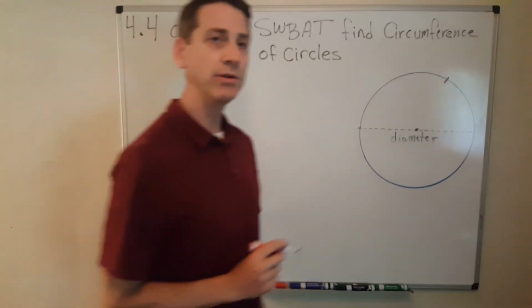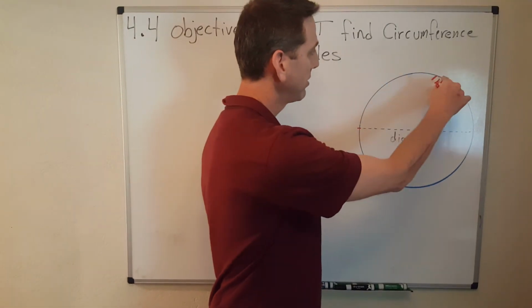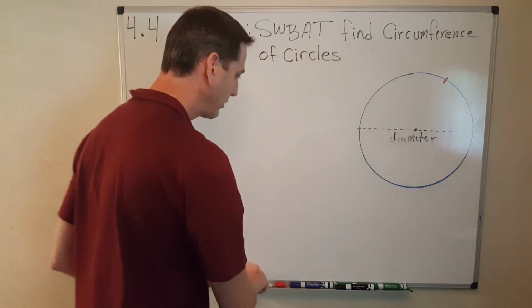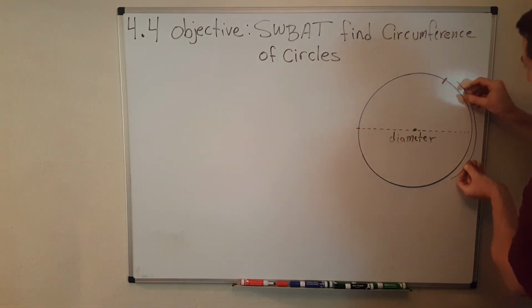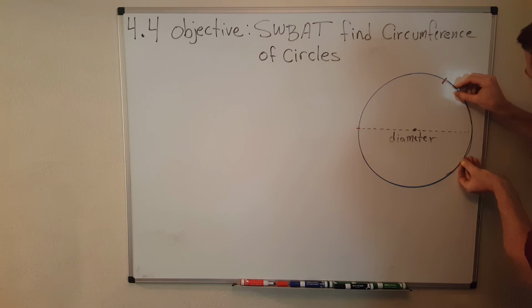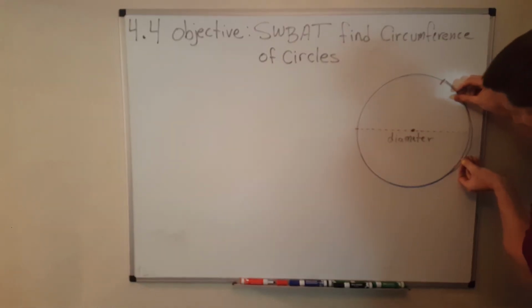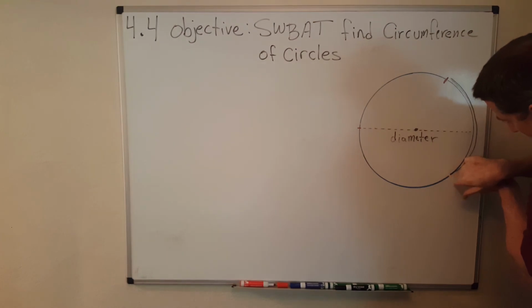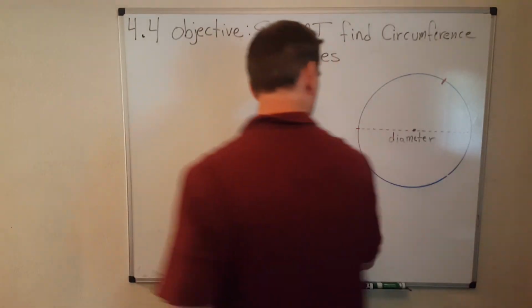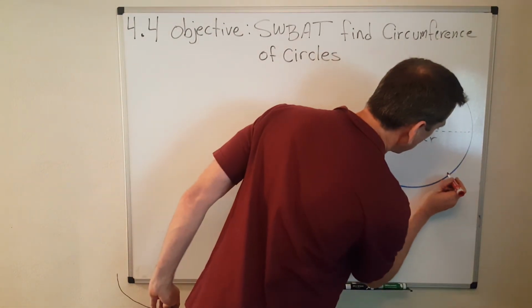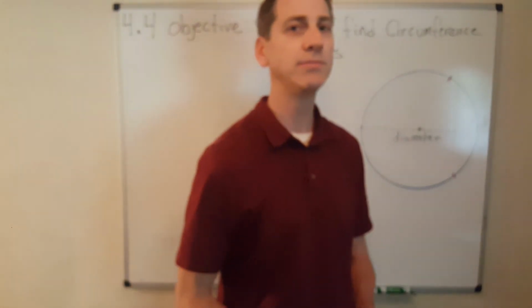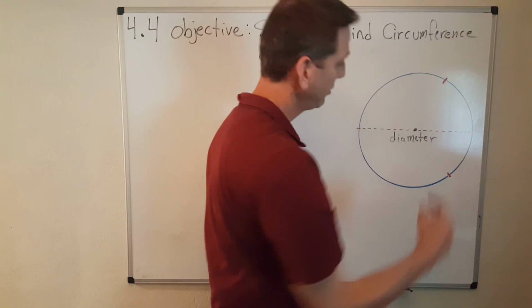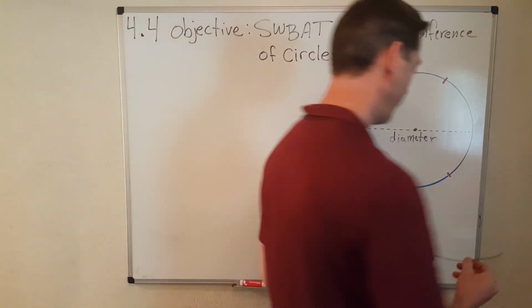That's one diameter, from here to there. Let's continue. Now that we got this shaped already, it's going to start from right there, and it's going to end about right there. So there's two diameters. 1, 2. Let's see if it'll go a third.